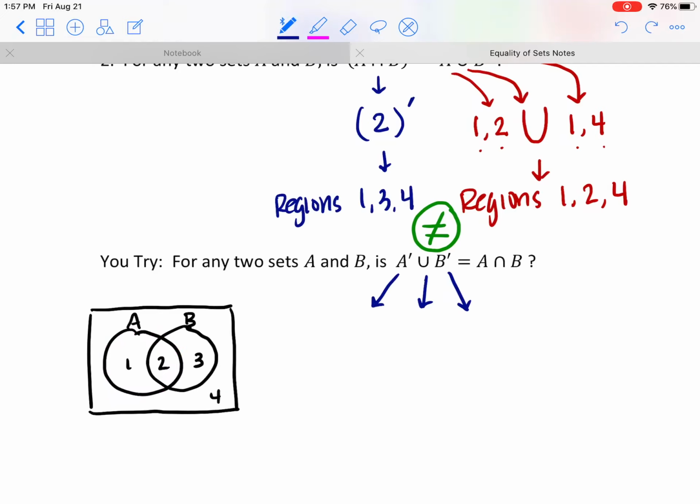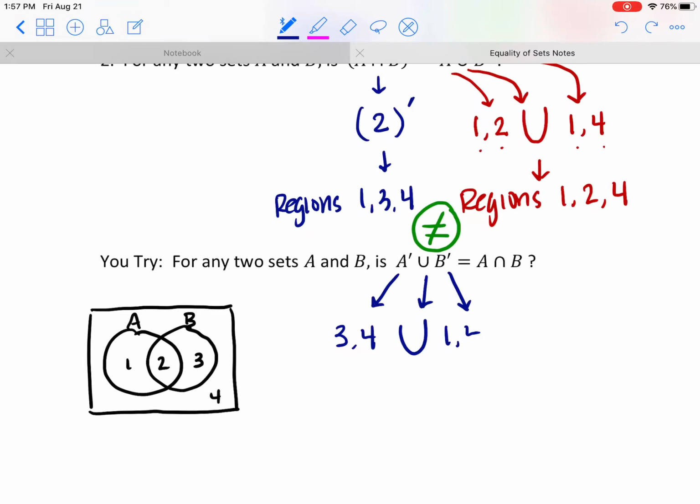So 3 and 4, and then we're going to unite that with the complement of B. So B is regions 2 and 3, so the complement would be 1 and 4. Now let's unite these two groups.